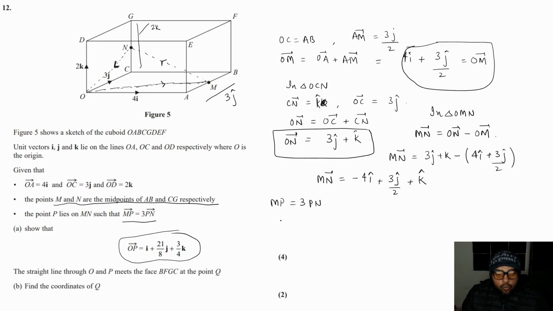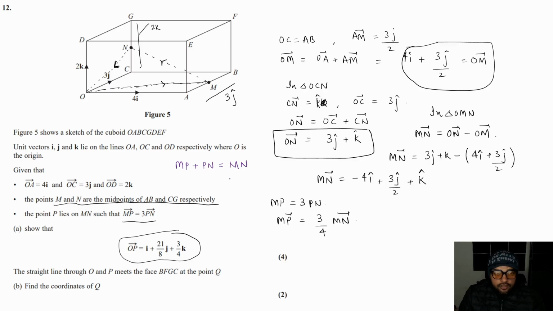So why can we say that MP will be equal to 3 by 4 times MN vector? Since P is the point lying on MN, I will write it here, students. MP vector plus PN vector will be equal to MN.